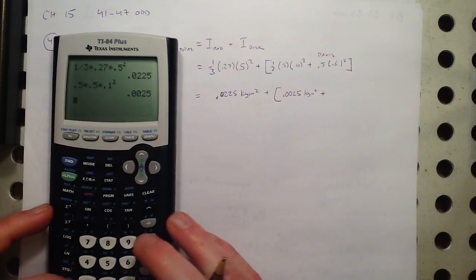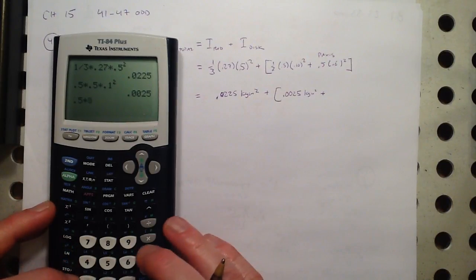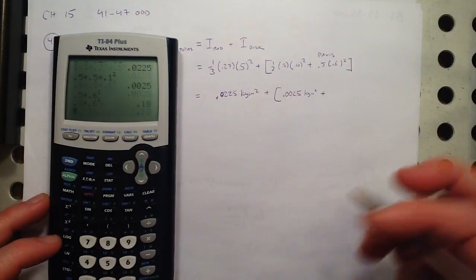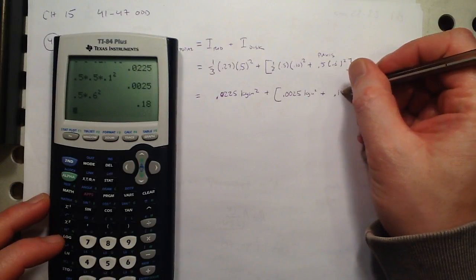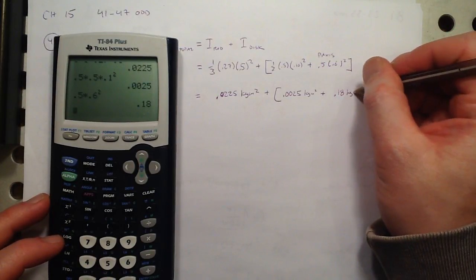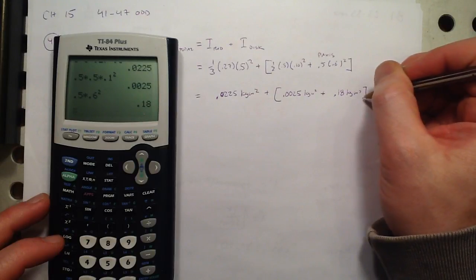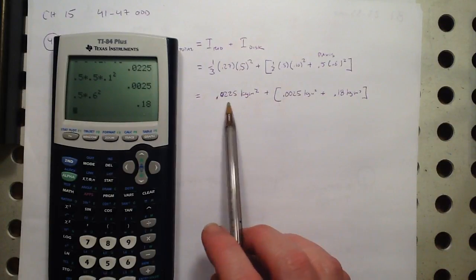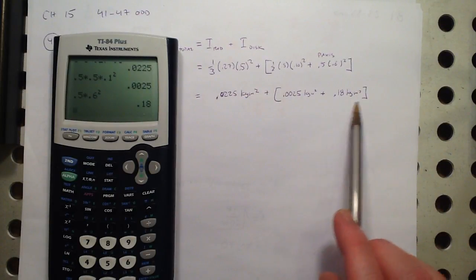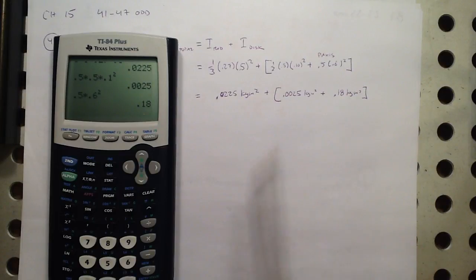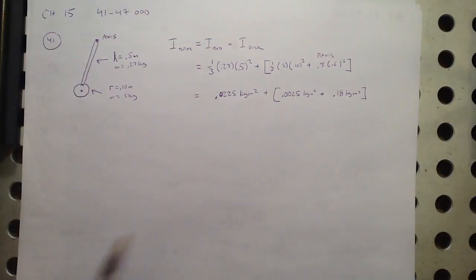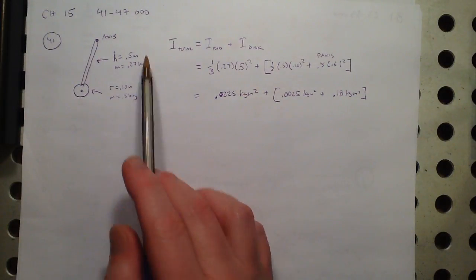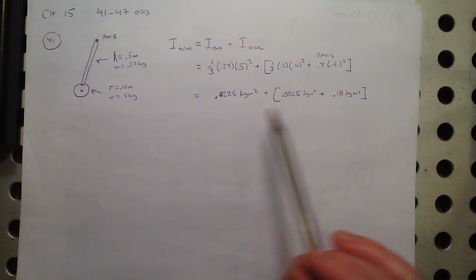And then here, 0.5 times 0.6 squared, 0.18. And, well, maybe I won't run both, well, we'll try it both ways. But here you can see that the disk on the end, that mass, it's more mass than the rod, and it's also further away from the axis.